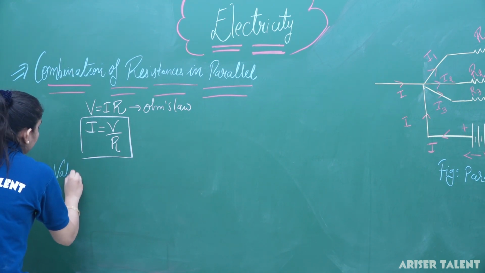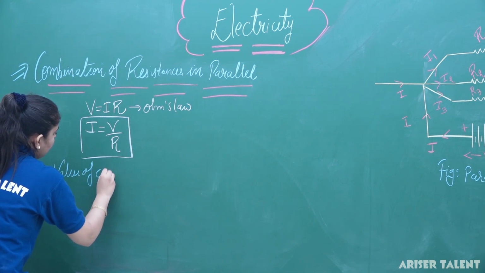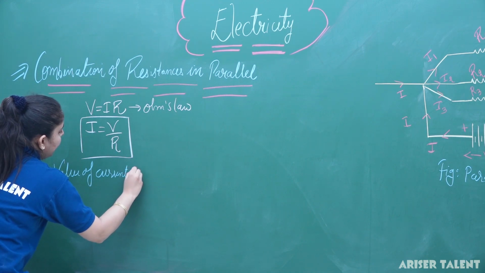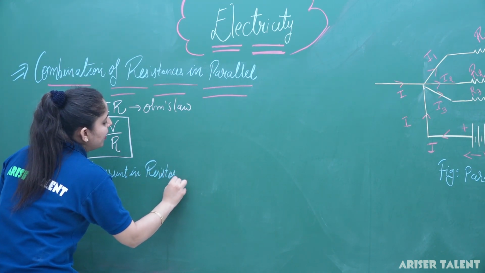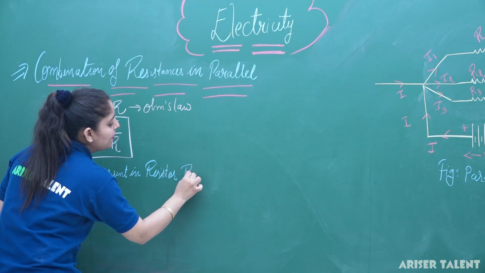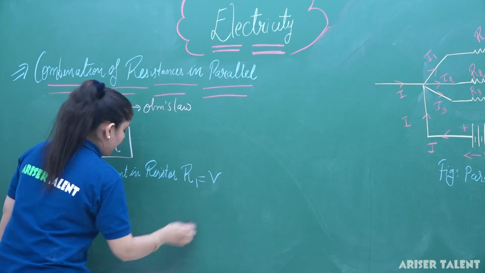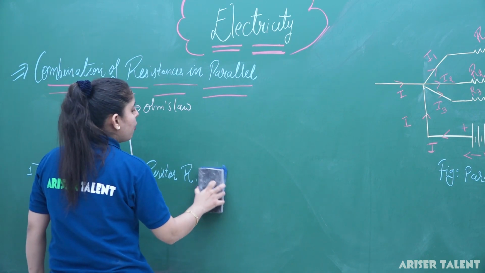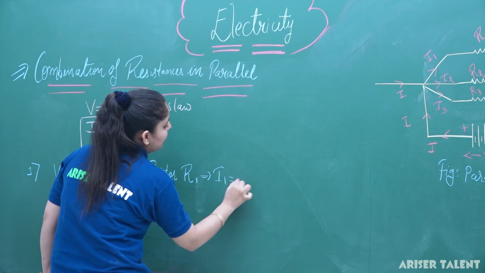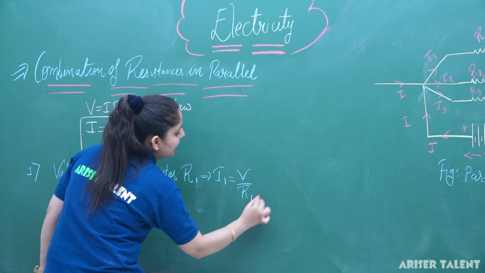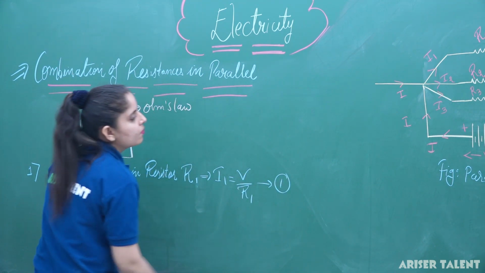Now, in first case, the value of current in resistor 1. If I am calculating the value of current in resistor 1, it came out to be I1 equal to V upon R1. That is our equation number 1.